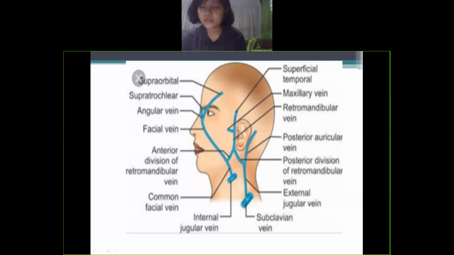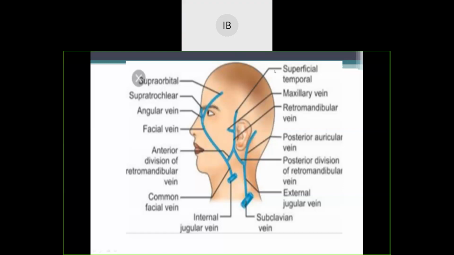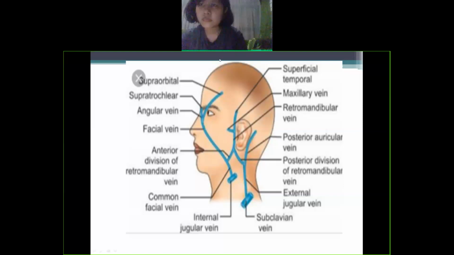This superficial temporal vein will combine together along with what? Again, what is the name of the vein? Yes, you see the picture and see, no problem. Can you hear me now, Ilashra?